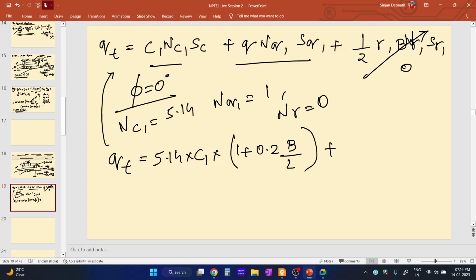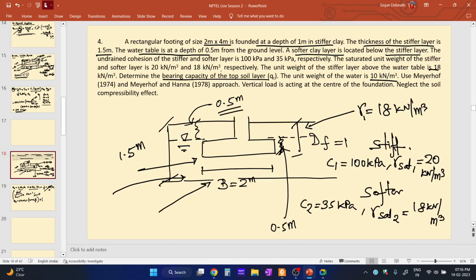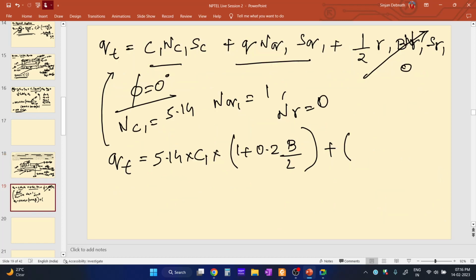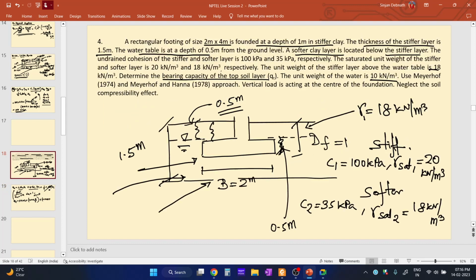So what will be the value of Q? It will be 0.5, the thickness of the portion from the surface to the groundwater table, into the unit weight, which is 18. So 0.5 into 18 plus this portion, which is 0.5 as I have explained, into the submerged unit weight.